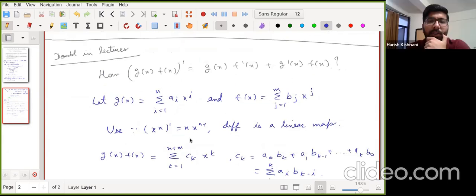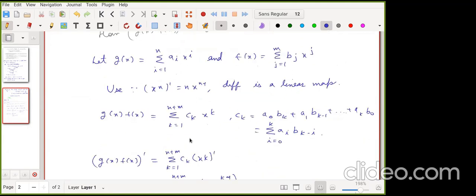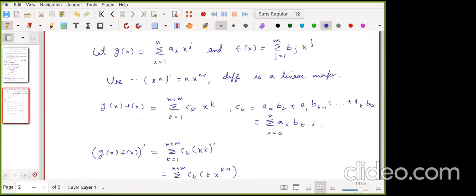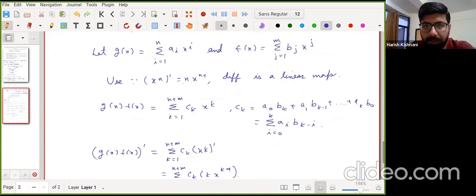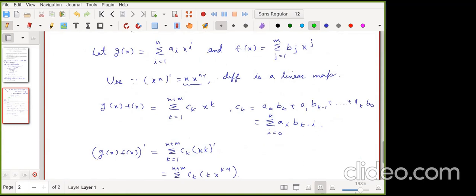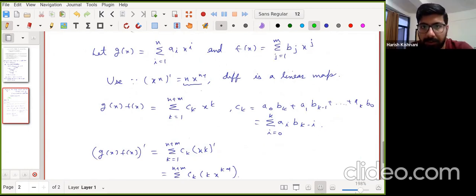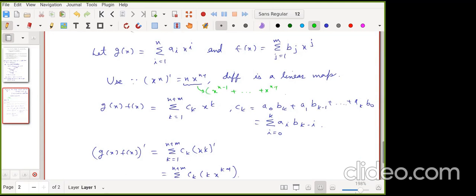No. This just means you are adding x^(n minus 1) to itself n many times.